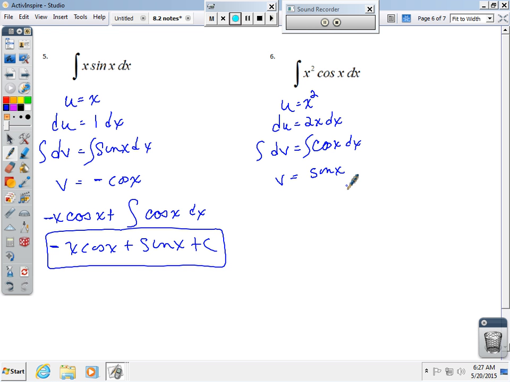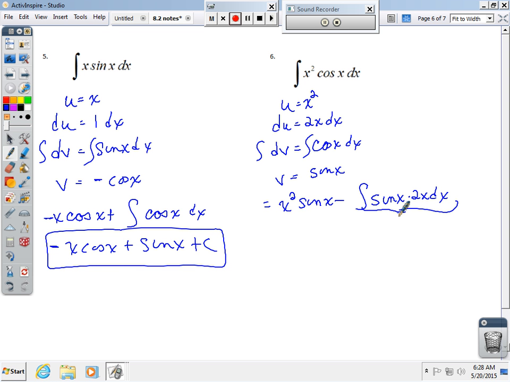So now we do u times v minus the integral of v, and then du, which is going to be times 2x dx. Again, when we go through to do this, this part we're not going to be able to integrate. Even if you did u substitution, it's not going to match up.